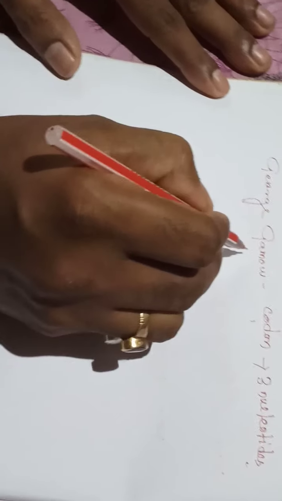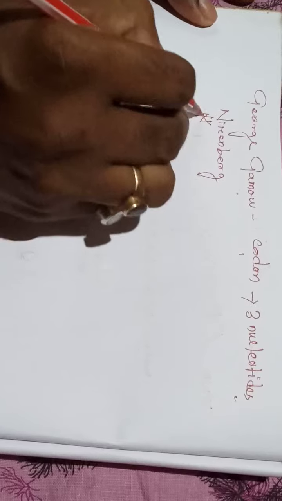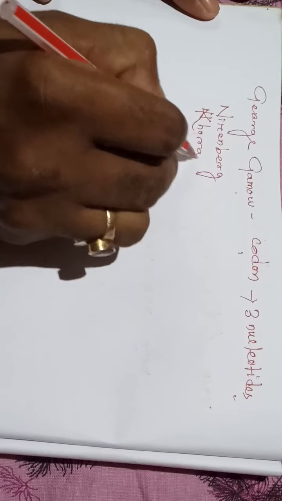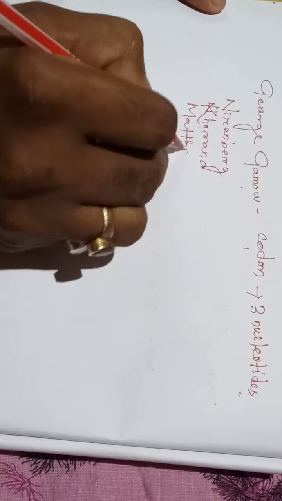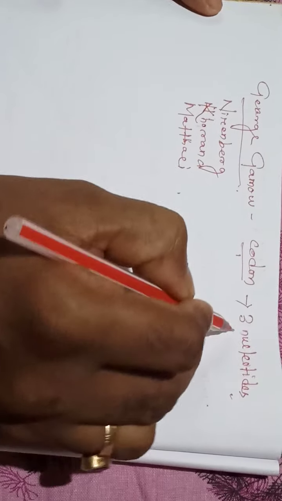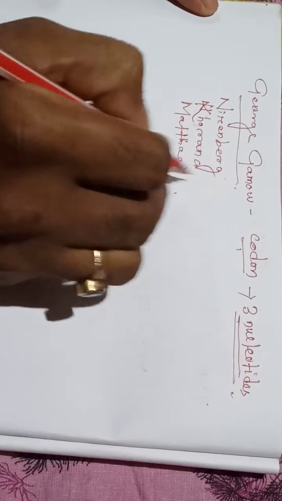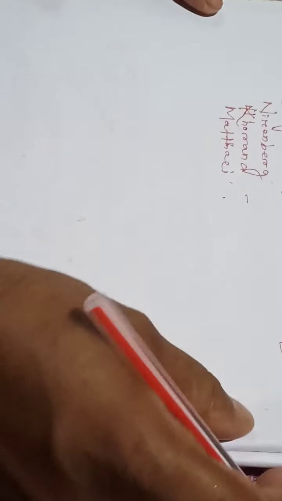Thereafter, many molecular biologists like Nirenberg, Hargobind Khorana, and Matthaei supported George Gamow that a codon consists of three nucleotides. They experimentally proved that a codon consists of three nucleotides.